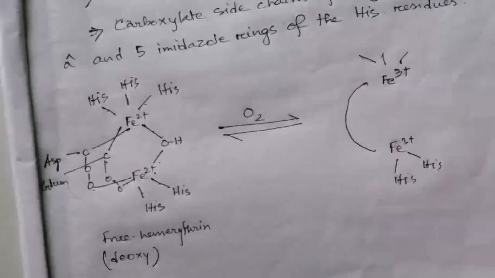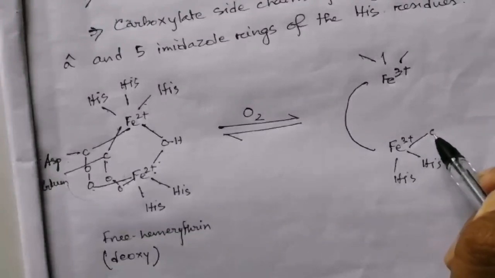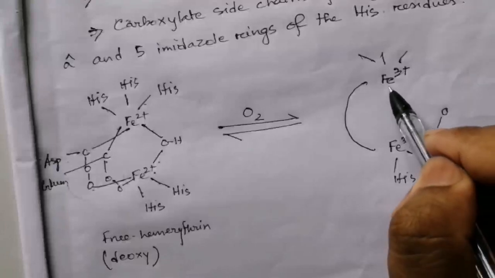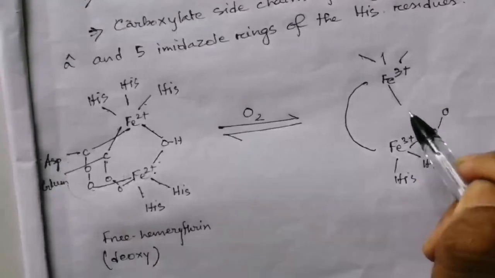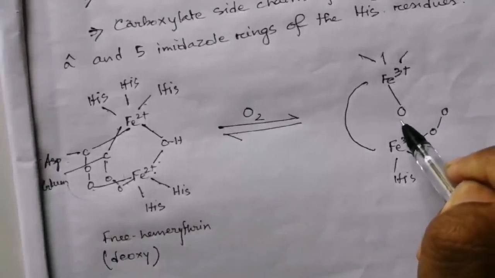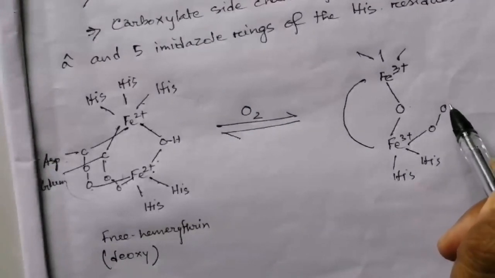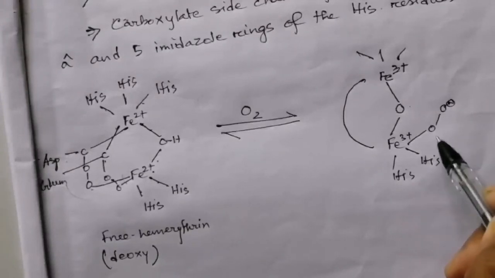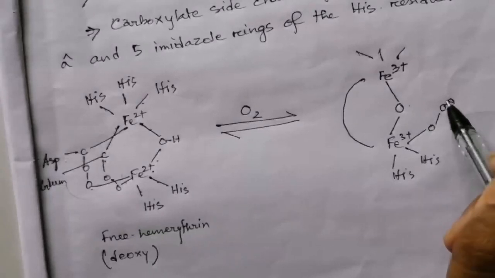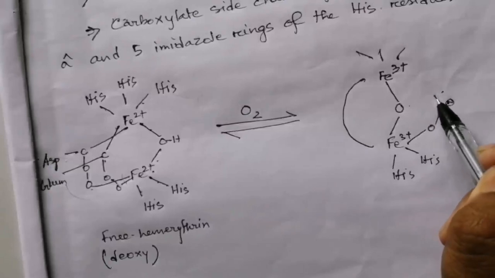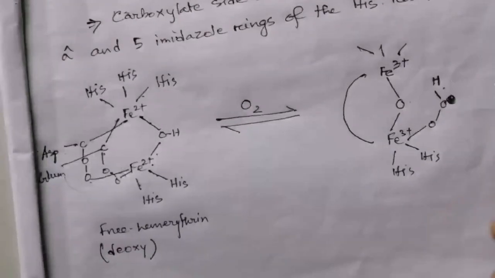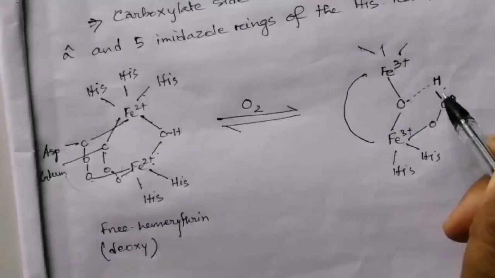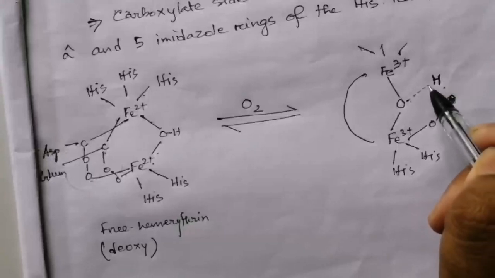So these are the histidine groups. The oxygen molecule will be coordinated in such a way, and this bridging hydroxyl group will transfer its proton to this superoxide species, forming a hydroperoxide complex, and there will be a hydrogen bond between this oxygen and hydrogen atom.